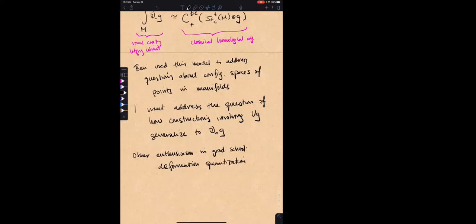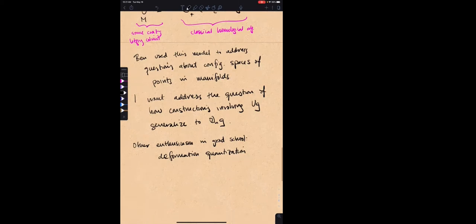I found this picture of quantum mechanics really illuminating, that you were taking a commutative algebra, really a Poisson algebra describing your classical system, and you were deforming it to an associative algebra.